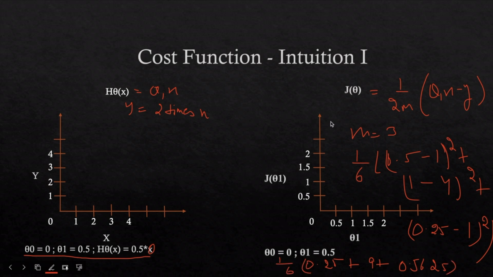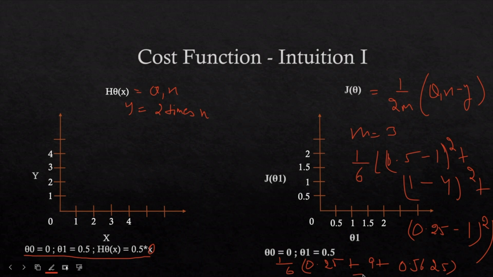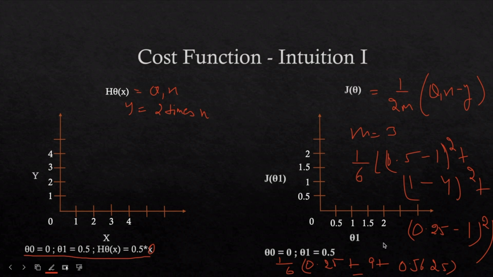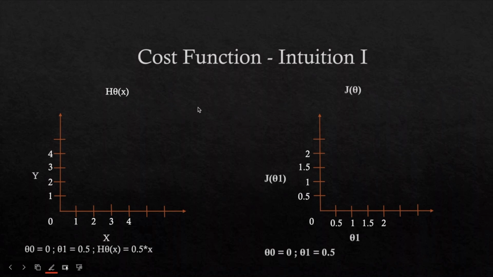So its value will be 1 over 6 multiplied by 9.8125, and that will be nearly equal to 1.6, almost, and so on.